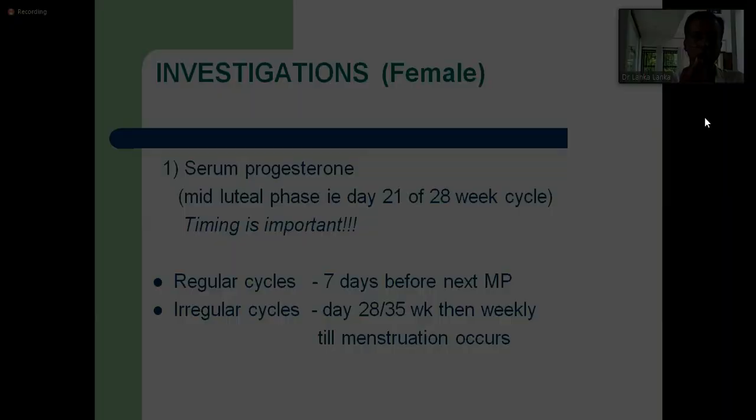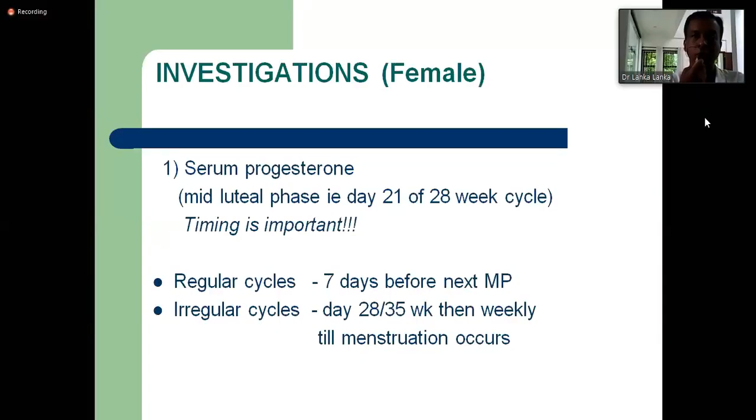I talked about how to do serum progesterone in somebody having irregular cycles. As I said, the last 14 days is what is considered. So you start from 14 days onwards, on a weekly basis, until she reaches the peak of serum progesterone, which is more than 30.